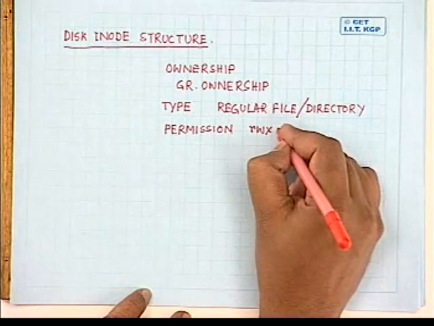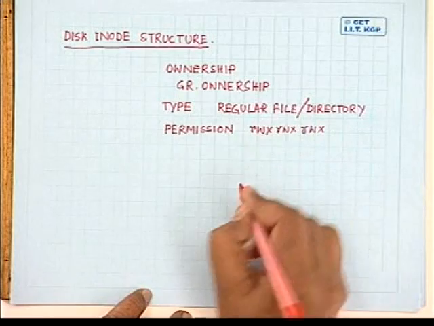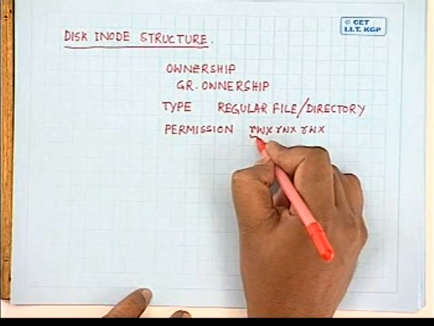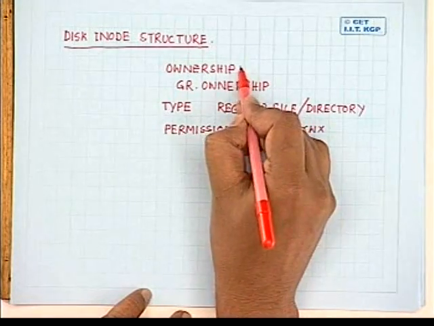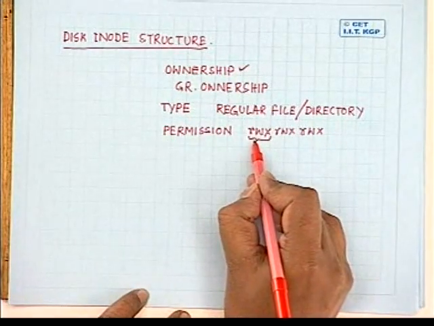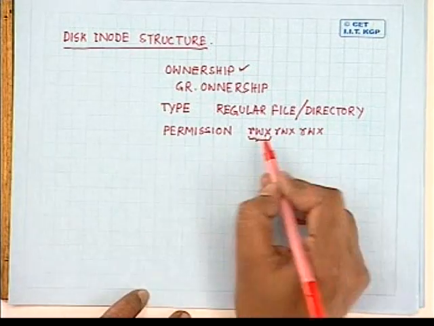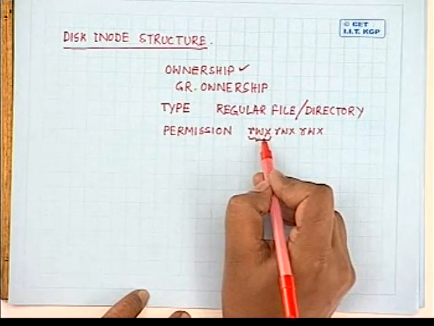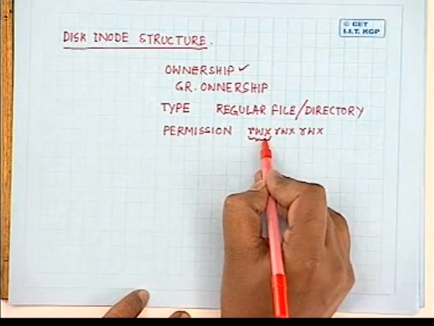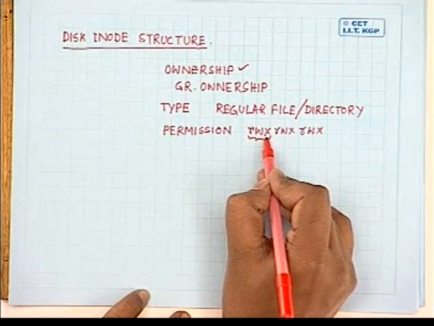So I get RWX, RWX, and RWX. The first RWX is meant for the owner of the file. R means read permission, W means write permission, X means execute permission. So when all of R, W, and X are present, that means the owner of the file has all three permissions. He can read the file, he can write into the file, and he can also execute the file.